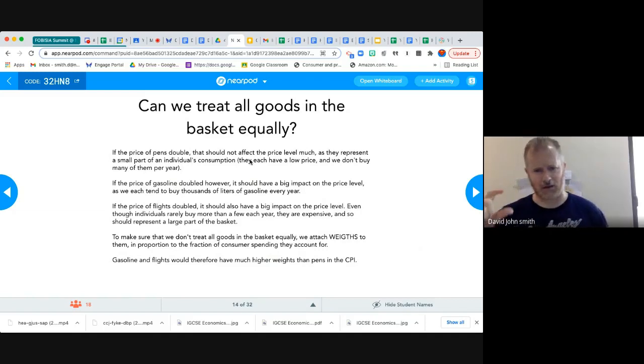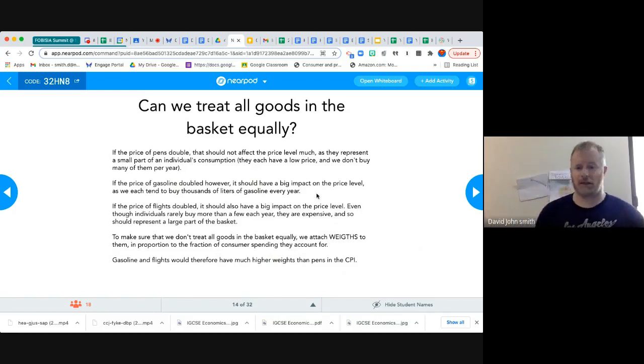I don't know how much they cost now. At one point they increased in price to 30 cents, New Zealand, that is. That's a 100% increase in price for the box of matches. But it had no change in the demand. Nobody cared because it was such a small part of your income.